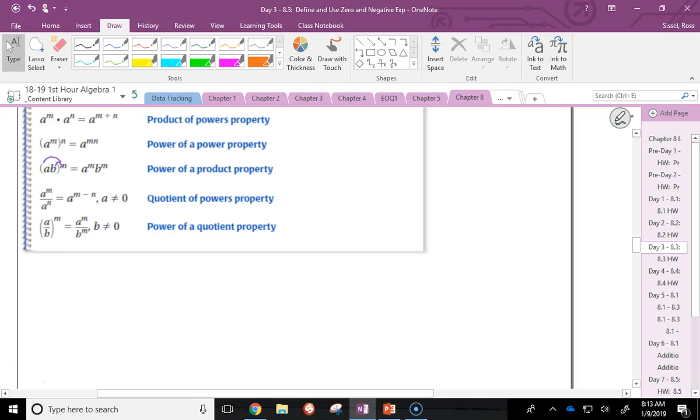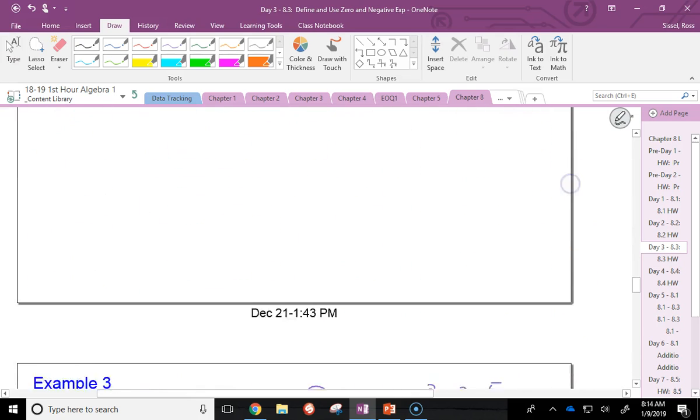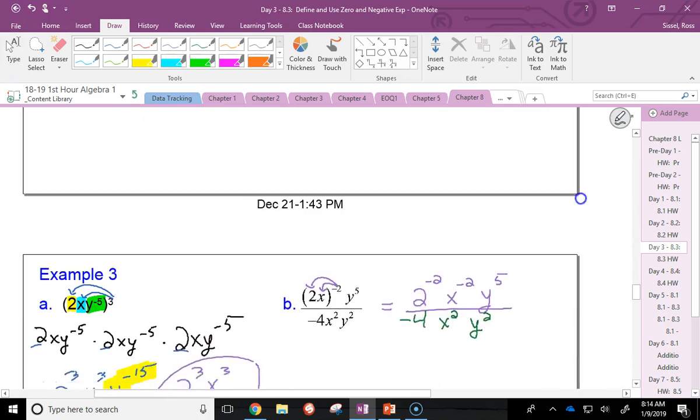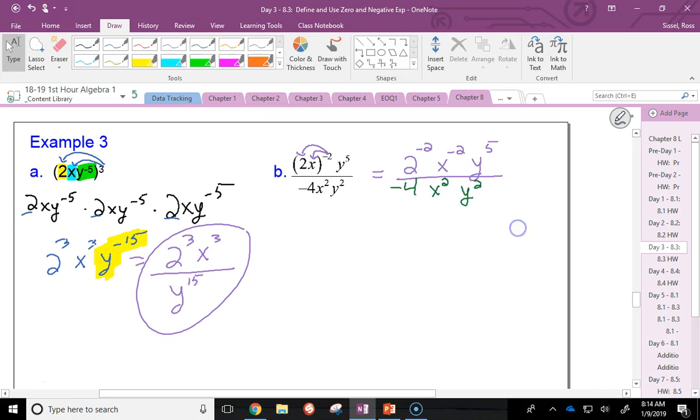Quotient of powers property. So I'm going to look for the same number or base. Well, I have 2 to the negative 2 power. 2 to the negative 2. I'm going to have to flip that underneath.